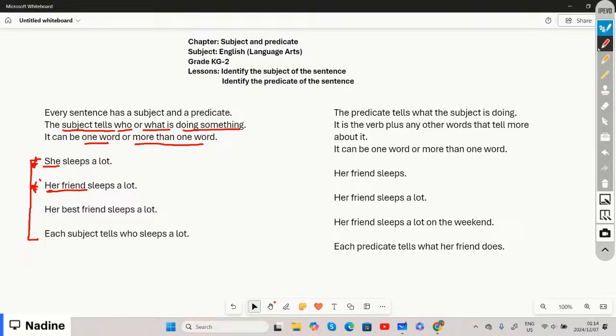And if we were to identify our subject, we'll say her best friend. So if you look at those three sentences, the subject tells us who is doing something or what is doing something. And like we said, it can be one word, it can be more than one word.